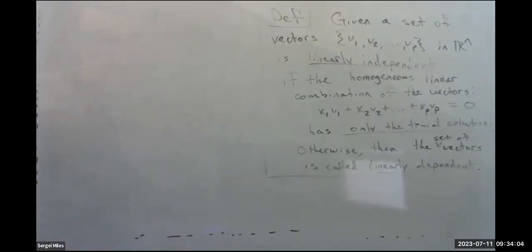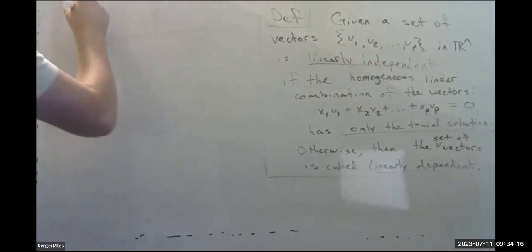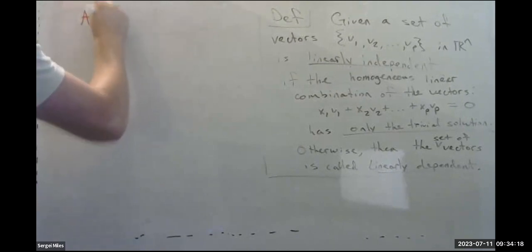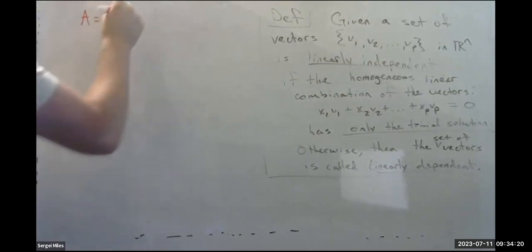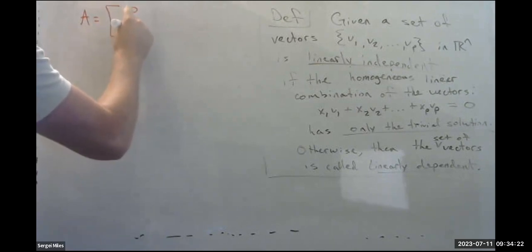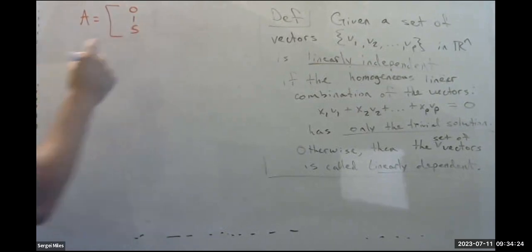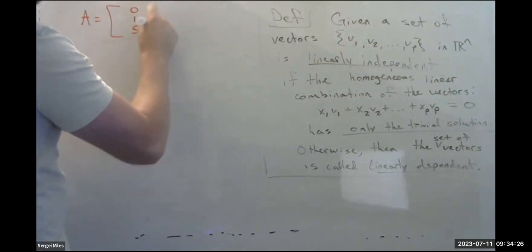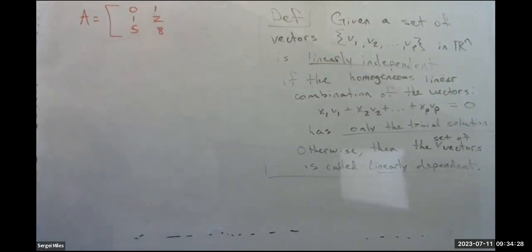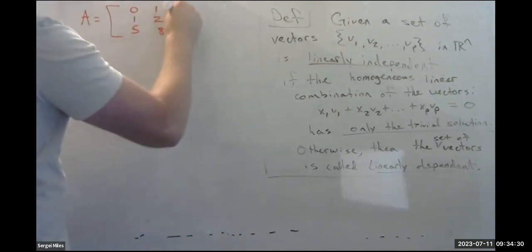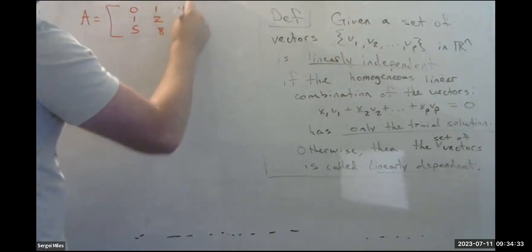So I want to do another example where it's not so obvious just by looking at it. Here, we're given some matrix with column vectors. Our matrix is 0, 1, 5; 1, 2, 8; 4, -1, 0.